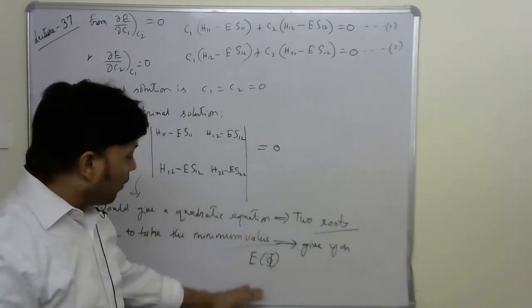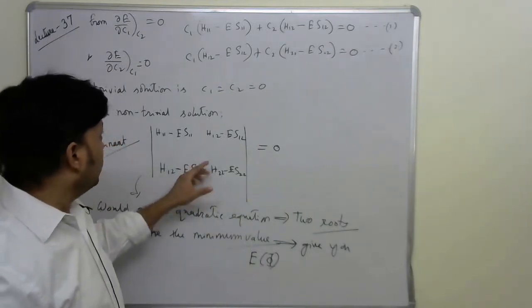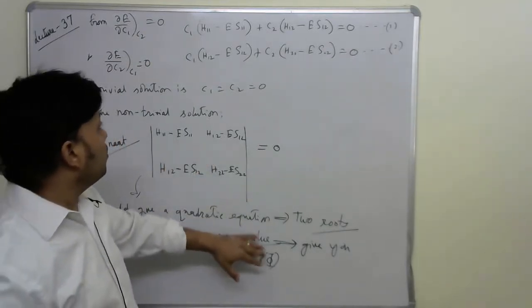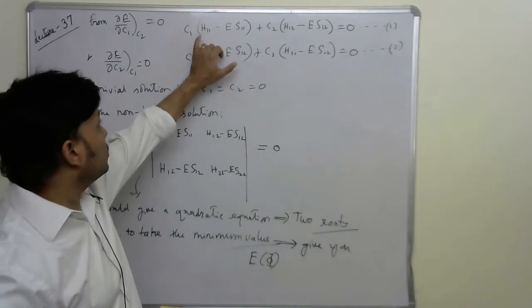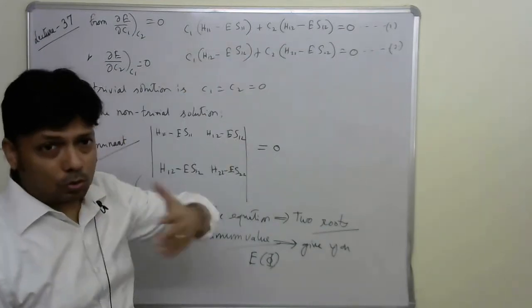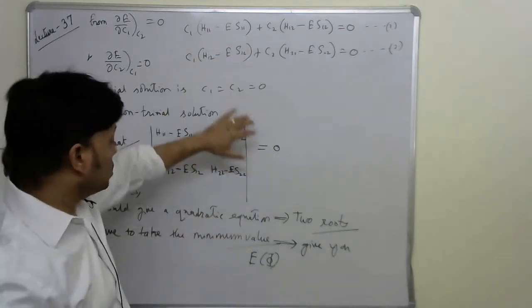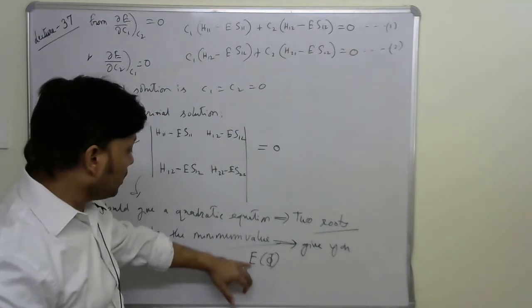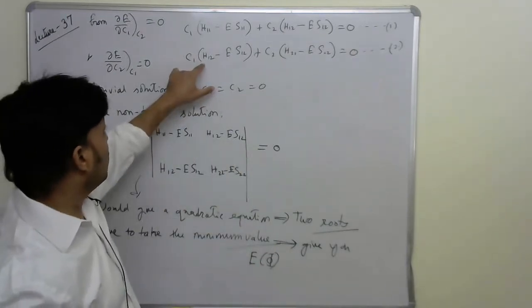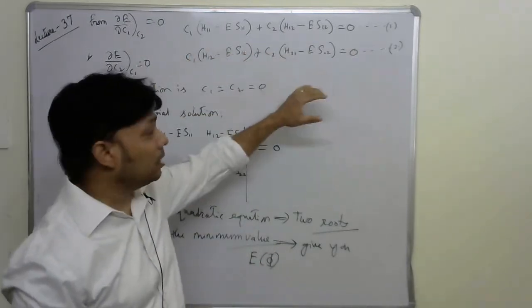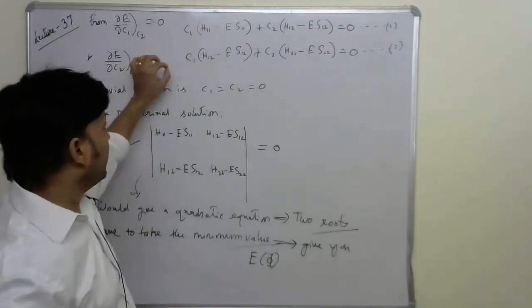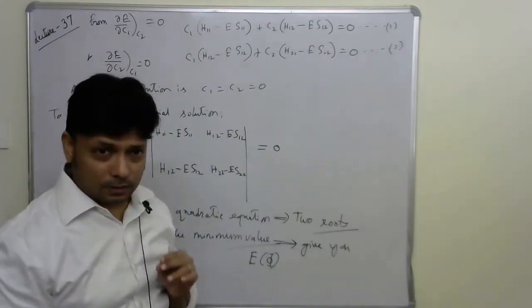Now once we find the energy E value, then we can separately plug in those values of E, because H11, S11, those are known, those can be known from the integration. So we can plug in those values of E in these equations and we can individually find C1 and C2.